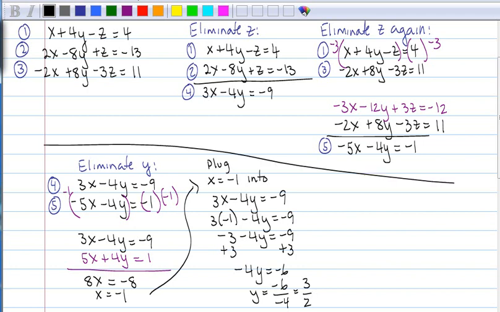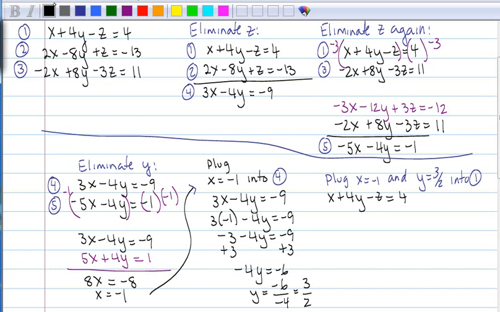And finally, we're going to plug both of those answers into one of the originals to get the z. So the first one looks nice and easy, so let's go ahead and do that. And what I get when I do that is a negative 1 for x, 4 times 3 over 2, or 1.5 if you would rather, minus z equals 4.